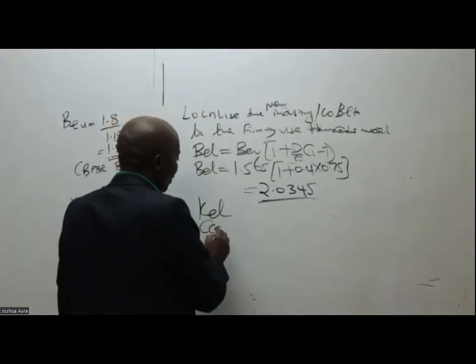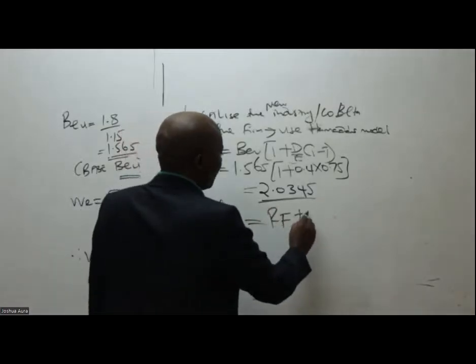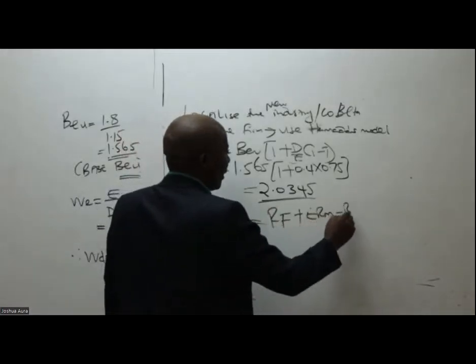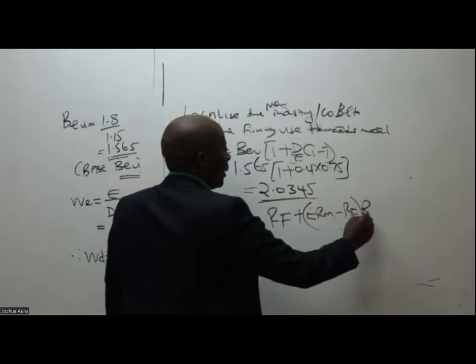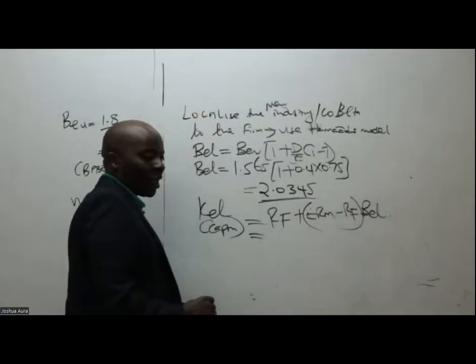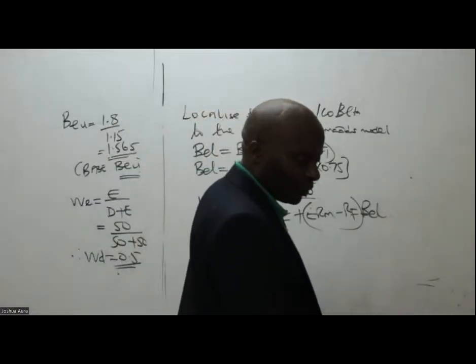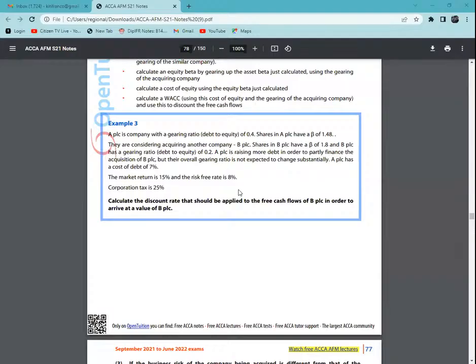So this one here will be risk-free plus the expected return of the market minus risk-free, multiplied by the beta equity of this firm that you got up. Unfortunately, we have these metrics. Are you able to see the risk-free rate of return? I'm being told it's 8%.